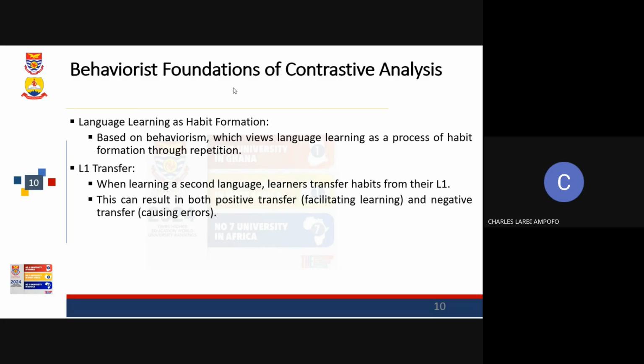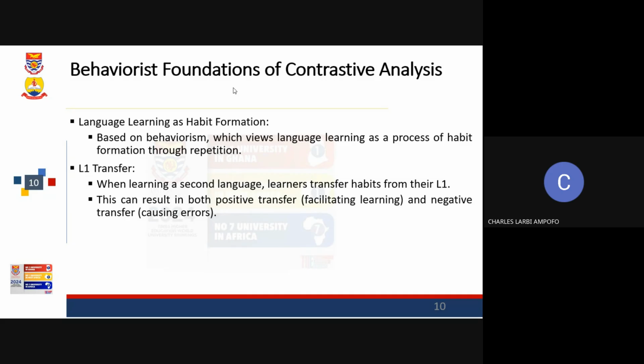Behaviorism views learning as habit formation. So to them, there are certain habits that you pick, and as you are picking these habits, you are learning. So let's look at our environment. There are certain things that we learn from the environment.